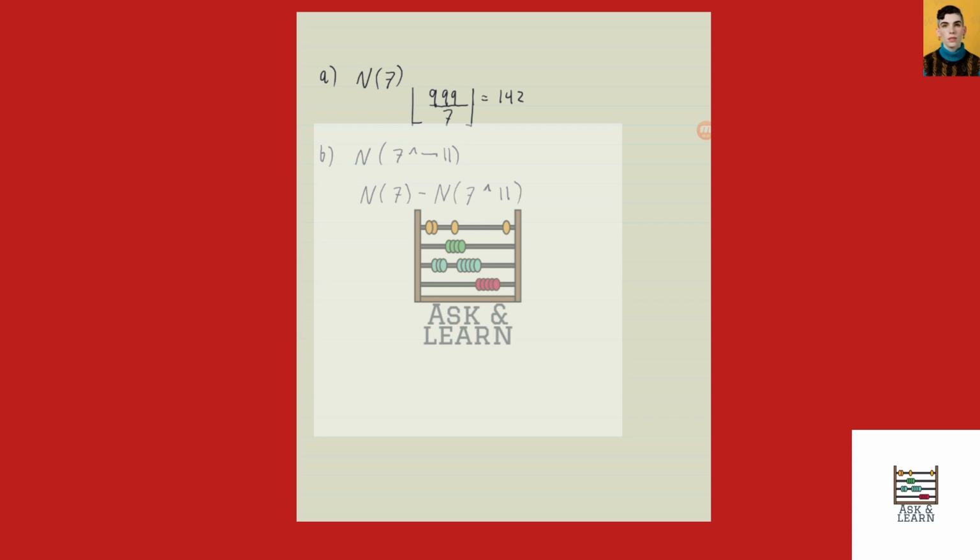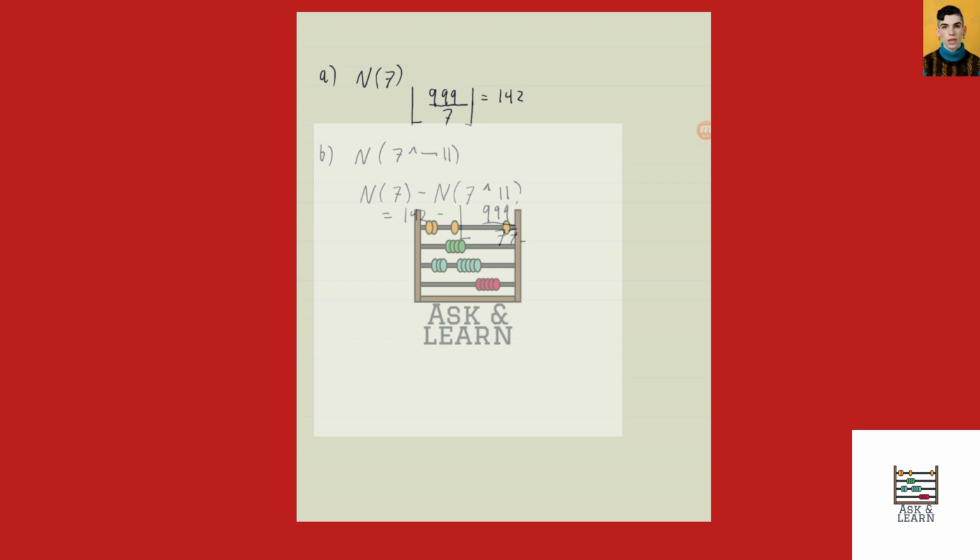The number of integers divisible by 7 is 142. And the number of integers divisible by 7 and 11 is going to be the floor function of 999 divided by 77.